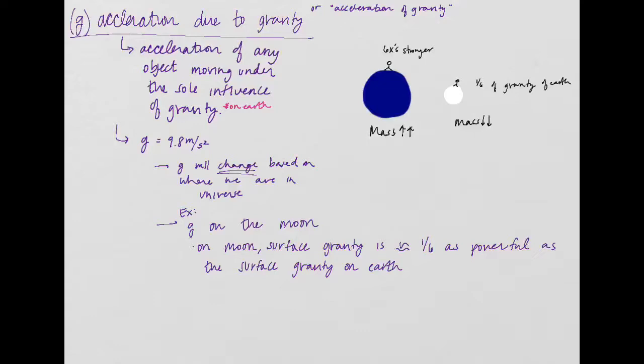So we could write g. Remember that g, acceleration due to gravity, is 9.8, but this is only on Earth. So what is acceleration due to gravity, or just g, on the moon then?